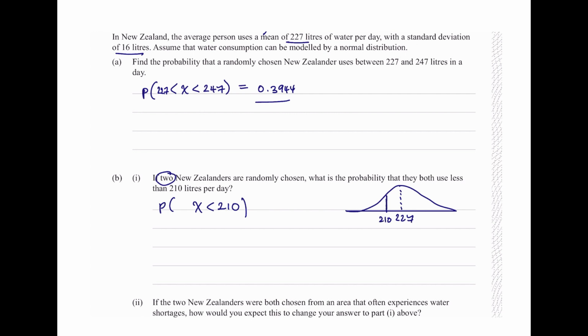We want to find out the probability that X is less than that. So that's going to be all of that probability under that curve there. So what's going to be our lower limit? Well, there doesn't exist one, so we're going to put in the calculator negative 99999... And what's our upper limit going to be? Well, our upper limit must be 210, because that's the largest number that we actually care about.